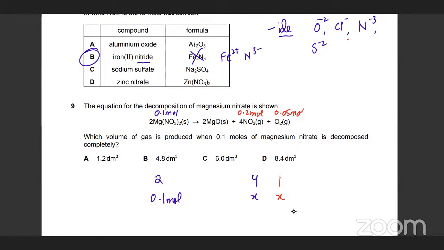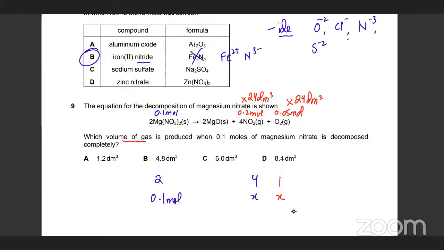Now, he's not talking about the moles, he's talking about the volume of gas that's going to be produced. So how do you convert moles to volume of gas? What do you multiply it by? 24. You can either use the ratio that 1 mole of gas occupies 24 dm cube, or you can just simply multiply both by 24.